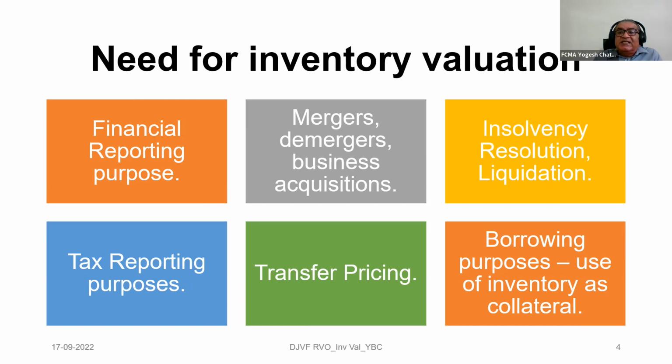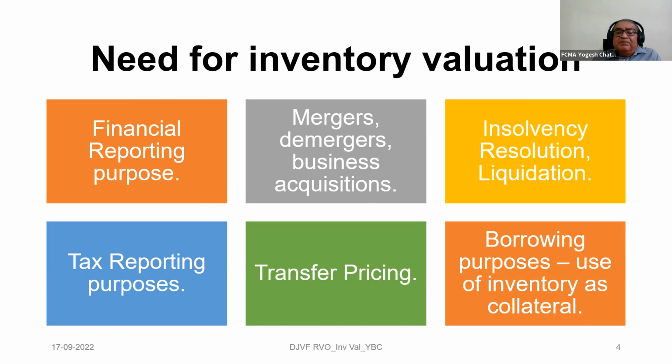So there a registered valuer is required to ascertain or estimate the fair value and the liquidation value as per the CIRP regulation. And as per the liquidation process regulation, a registered valuer needs to ascertain the net realizable value. So these are the requirements mainly under IBC.